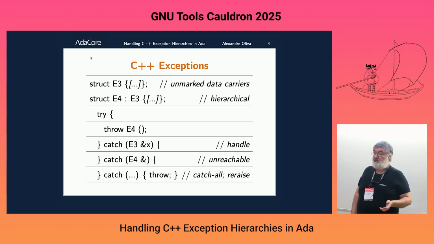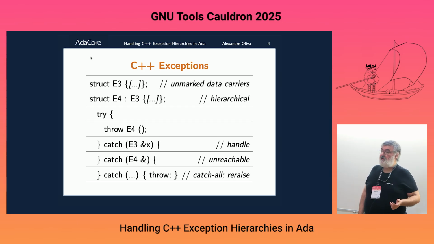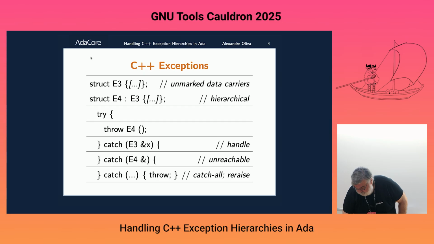So if you throw an E4, you can catch and handle that as an E3 because E4 is an E3. So the second handler here is unreachable because you'll have caught that as an E3 already, and the last line is how you do catch-all and re-raise.